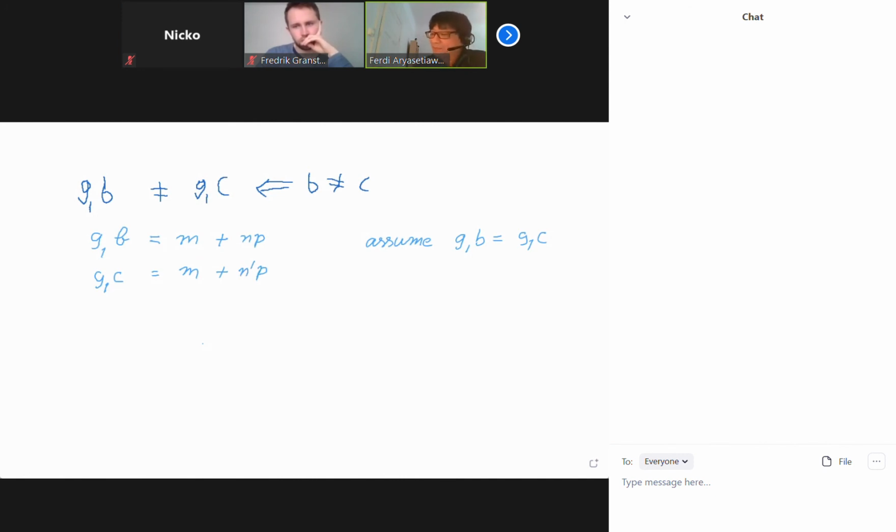So we agree up to now? Yes. So I'm assuming now that G1b is equal to G1c, and we want to show that this cannot be the case. So now if we subtract this, then we get G1 times b minus c must be equal to n minus n prime times p.